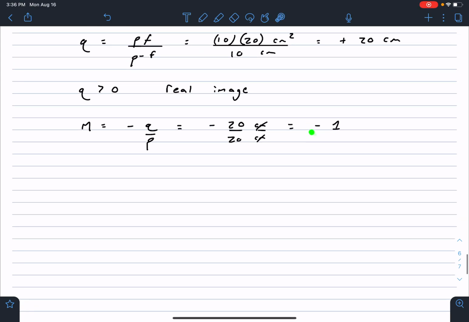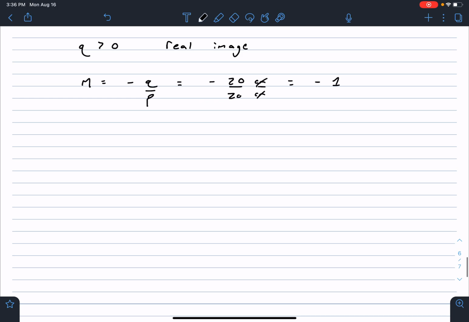So if we have a negative value for magnification, that means the image is inverted. So it's a real image, it's inverted, so it's upside down, but it's only a value of 1, so it's the same size, inverted.